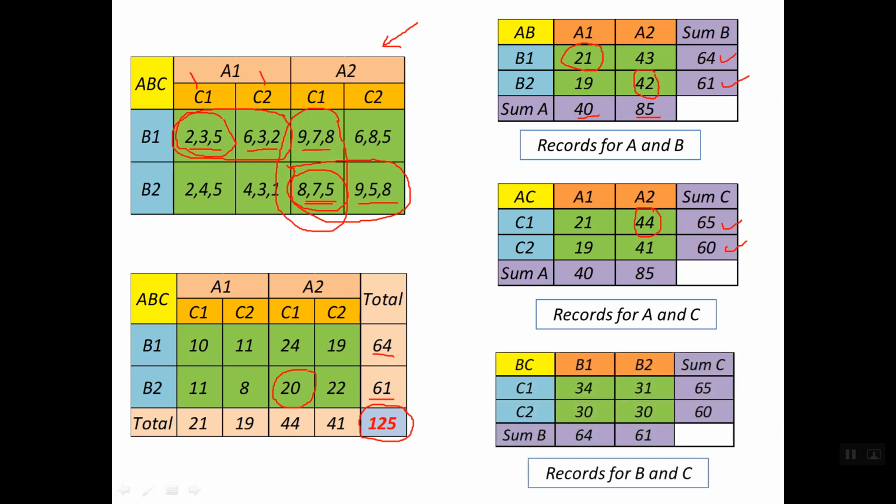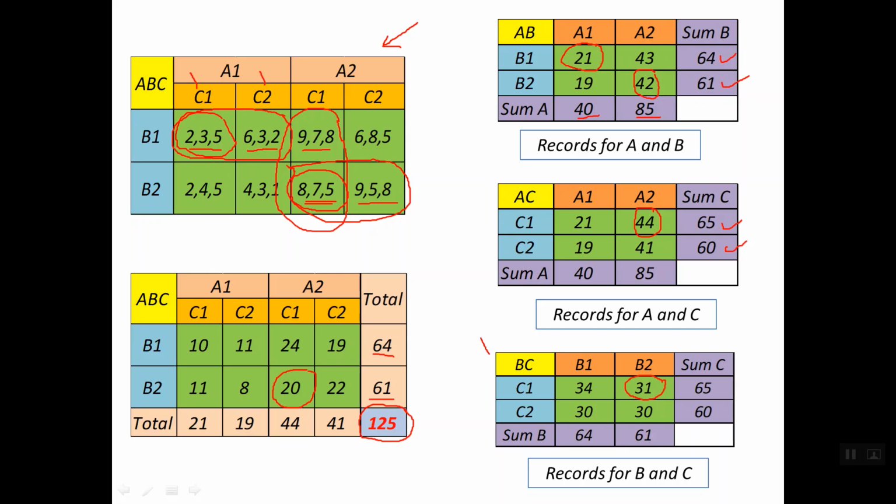And also for B and C, for example, this value here, 31, is the value inside the cell B2 C1.